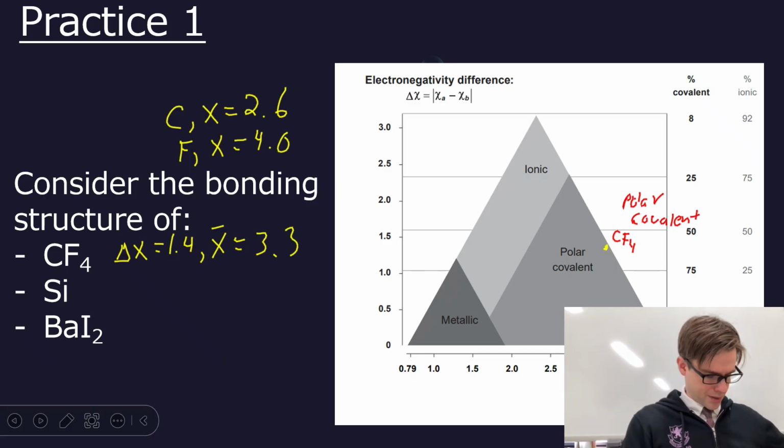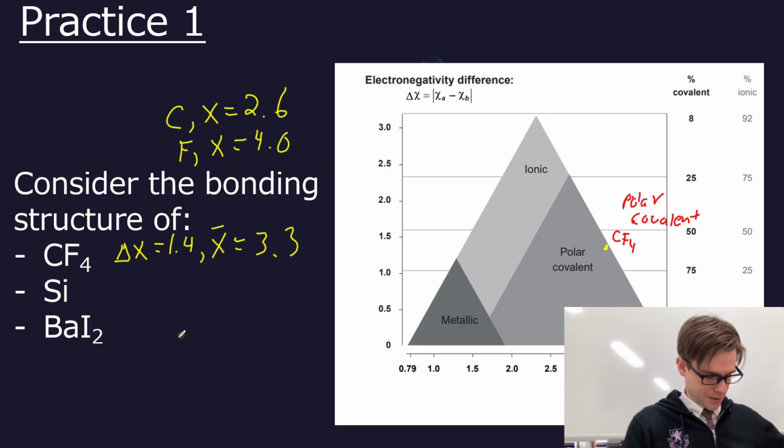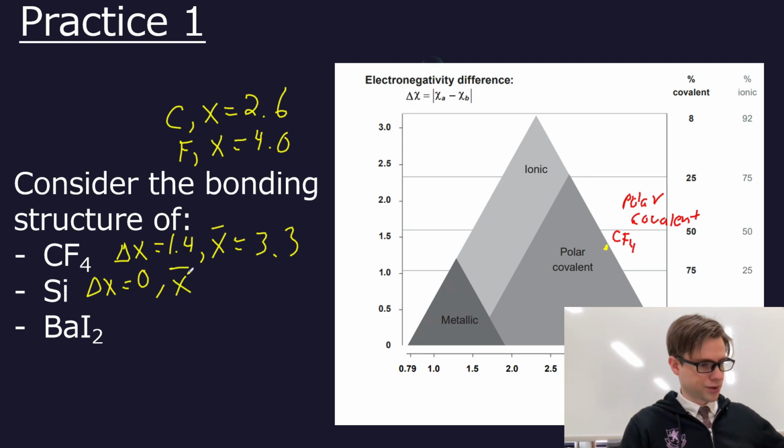All right, next, silicon. You still consider the difference in average even if you have only one thing, pure element. But what can we say? The difference is 0. You'll have Si minus Si, the same thing minus the same thing. The average, though, is just whatever it is in the data book for silicon.